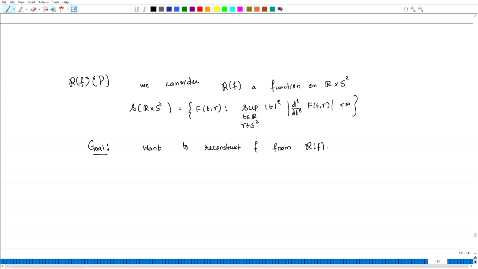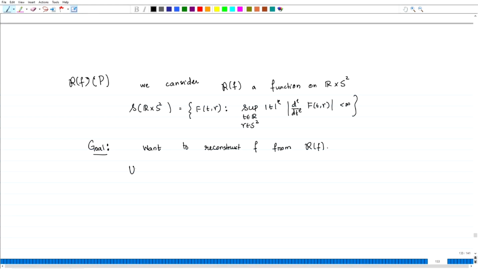That is what we want to get. An easier question would be: for two functions f and g, if the Radon transform gives the same image, is it necessarily true that f is equal to g? That is the first thing.